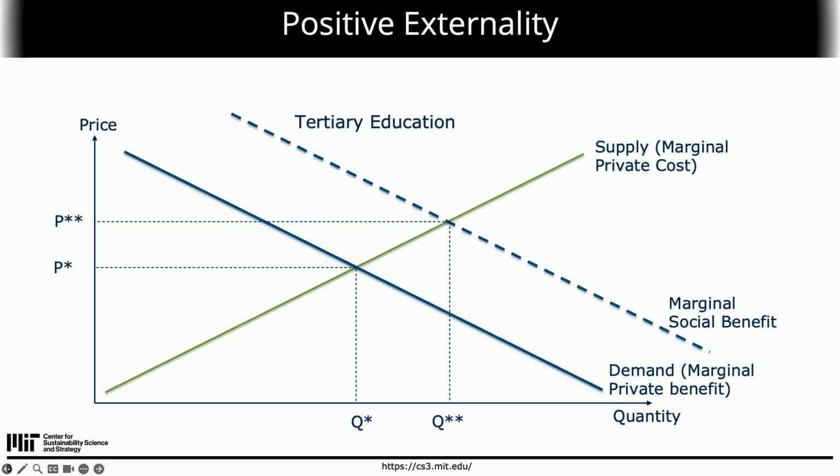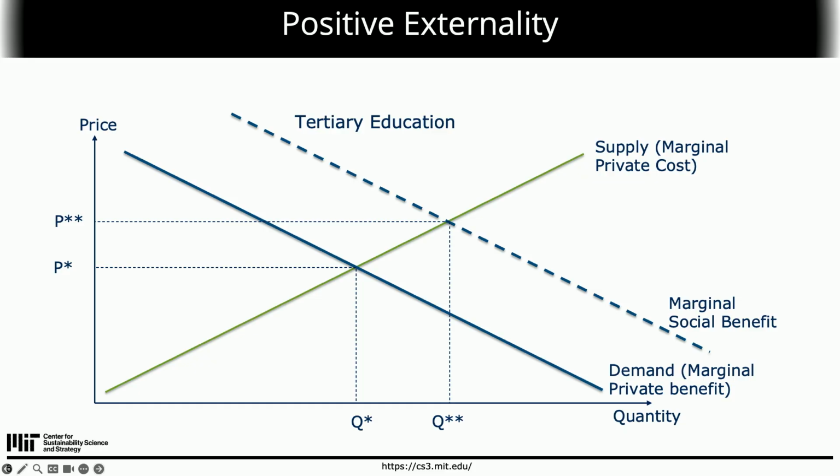Okay? And so in economics, when you have a positive externality, this P star and Q star is no longer an optimal or efficient solution, okay? Because you're missing this marginal social benefit, okay? So to have an optimal solution, you need to include that social benefit within your decision making, and you need to shift from P star to P double star, okay?